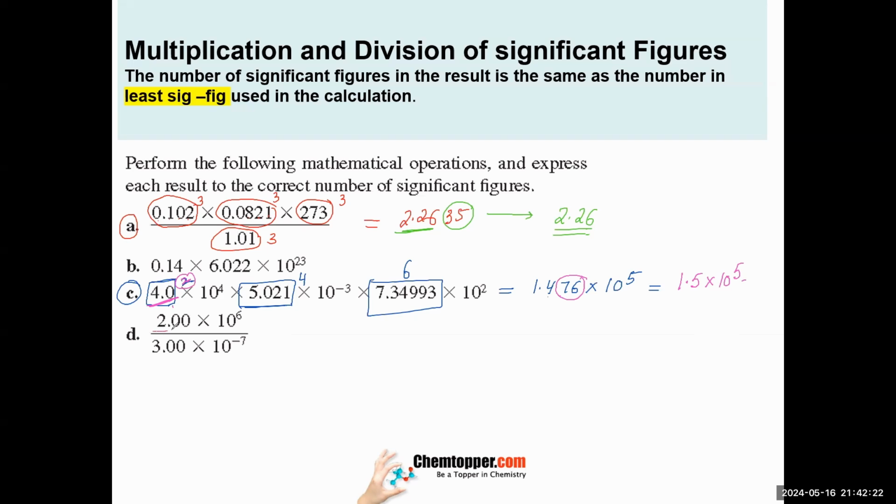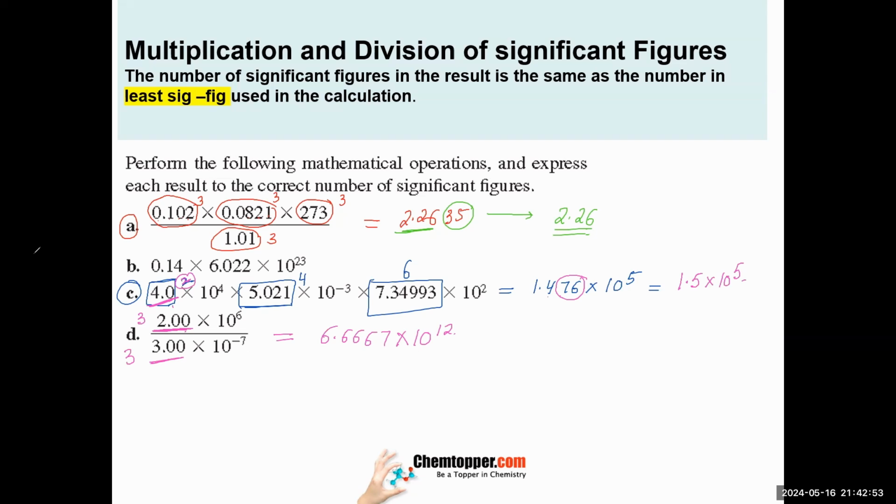Check this one. 2.00. How many significant figures? 3. How many here? 3. So the final answer should have only 3 significant figures. When you do the calculation, you have this kind of number, 10 raised to power 12.